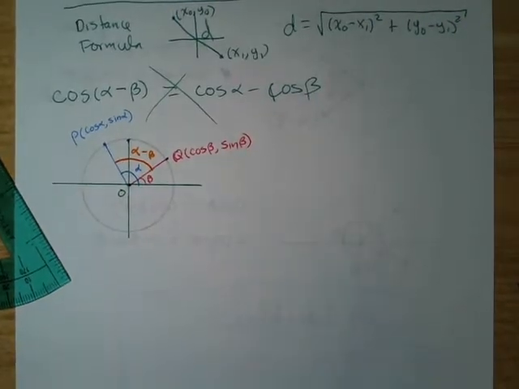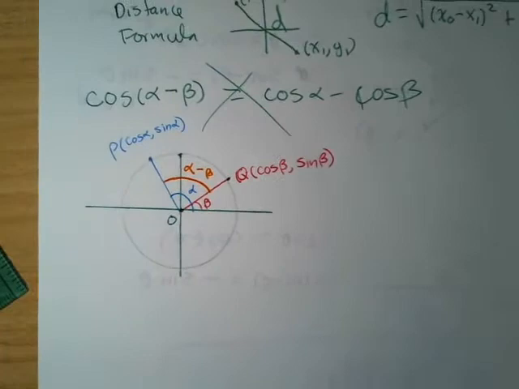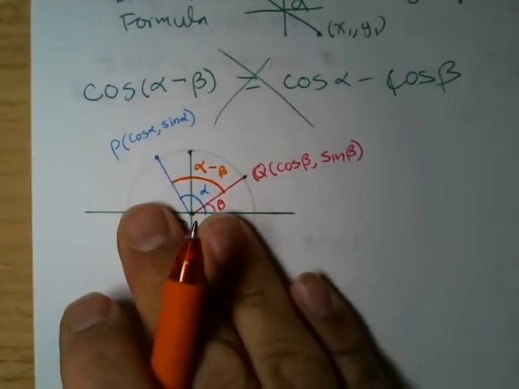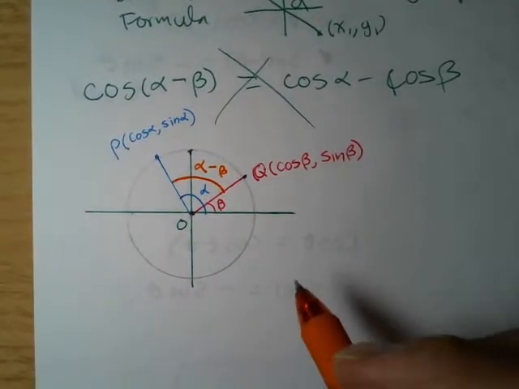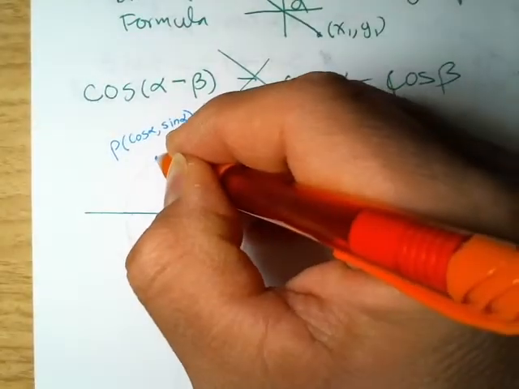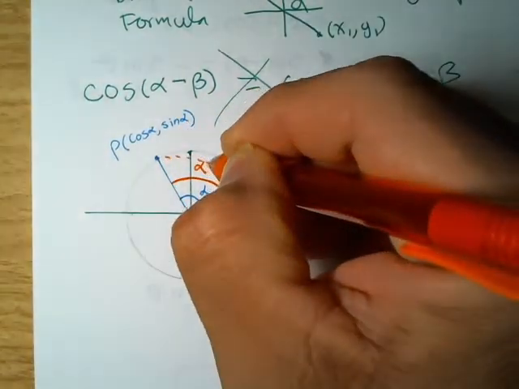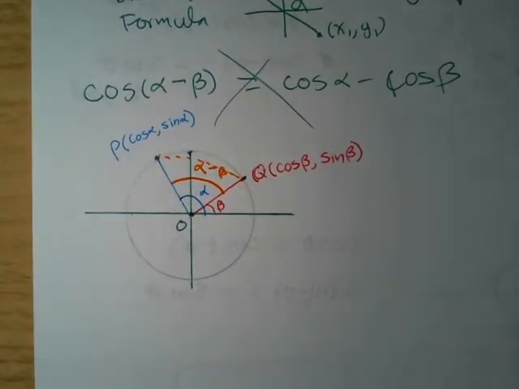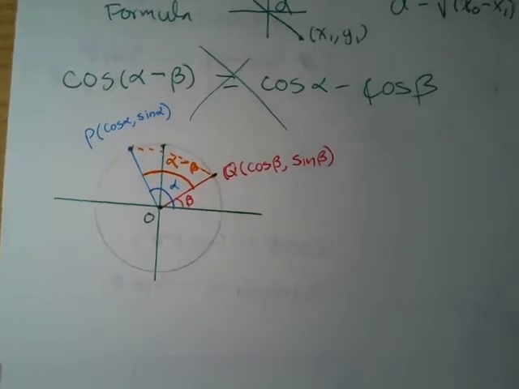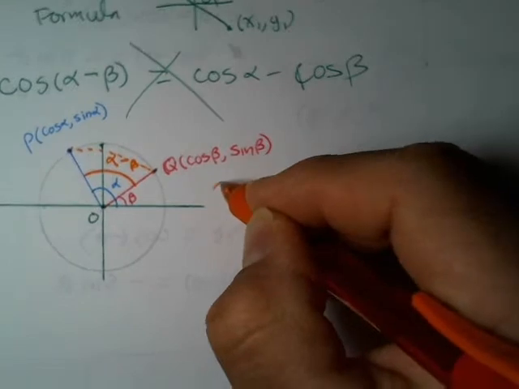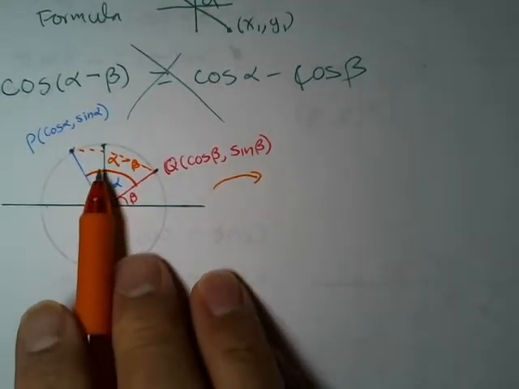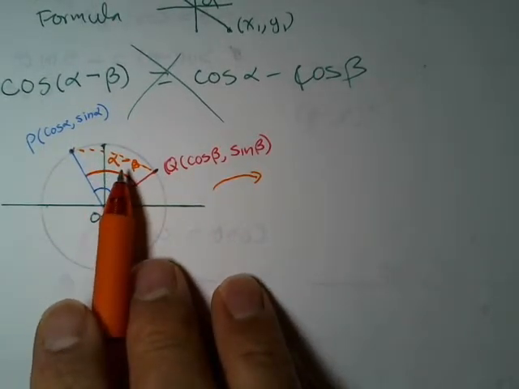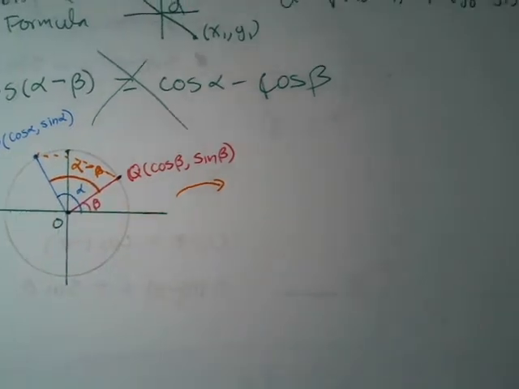I'm going to keep that in mind, and also I'm going to keep the distance, the chord here between P and Q. That's where my distance formula is going to come into play, as I reconstruct this angle. What I'm going to do is reconstruct this alpha minus beta in standard position.